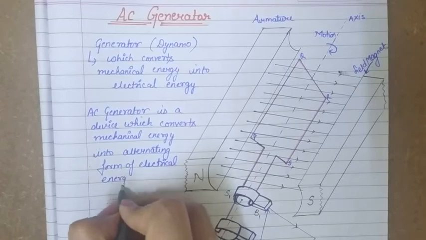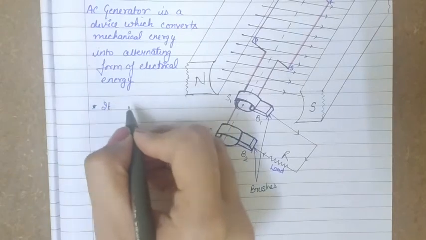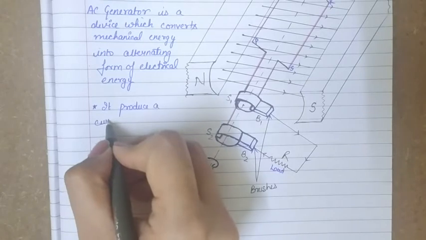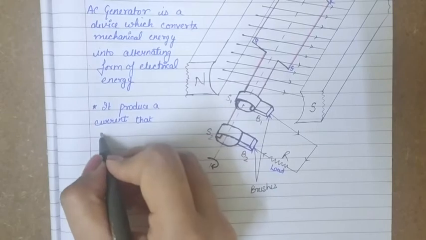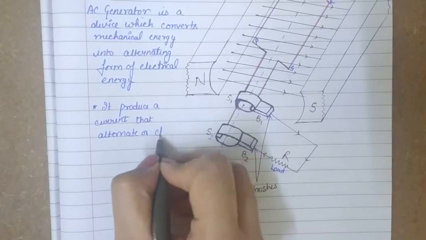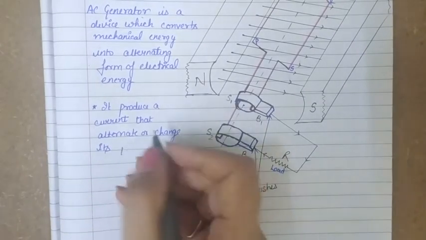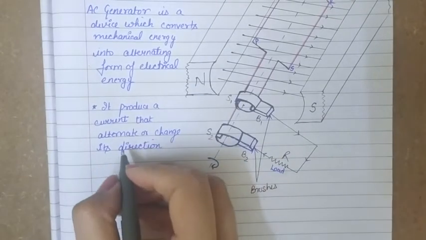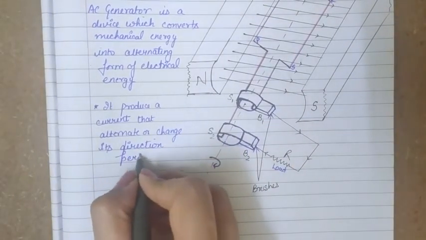And by alternating form of electrical energy we mean that it produces a current that alternates or changes its direction regularly and after a fixed interval of time, or we can write it as periodically.